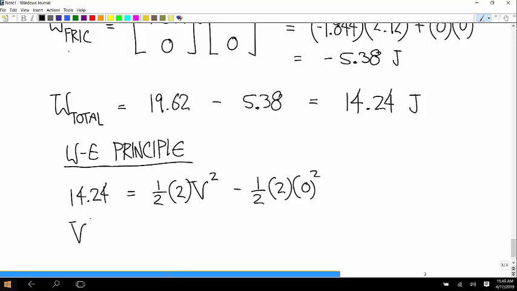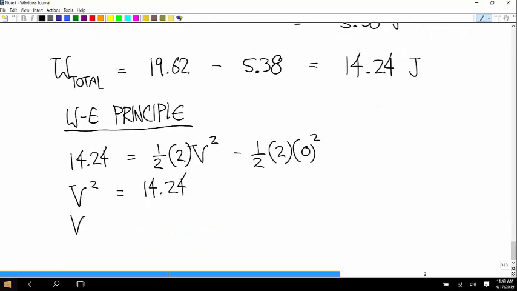And so v squared is equal to 14.24. What's the square root of 14.24? 3.77 meters per second, and we want the positive one.